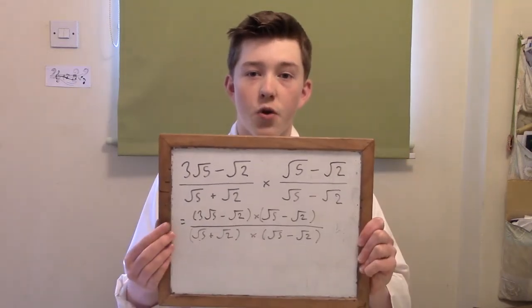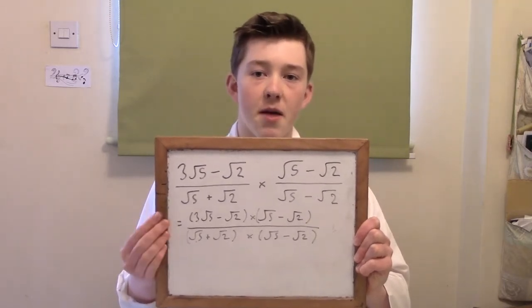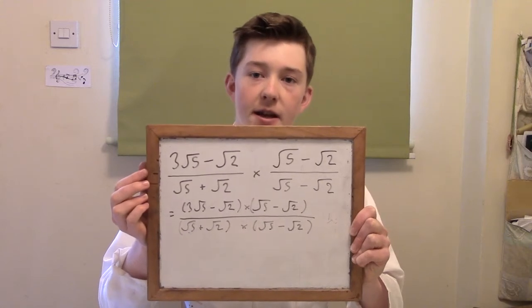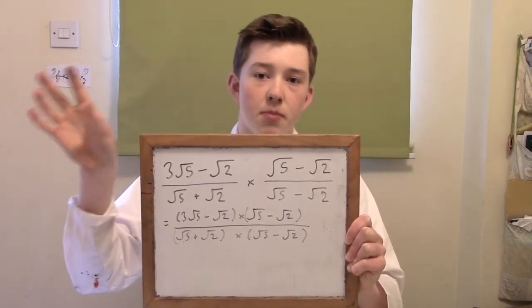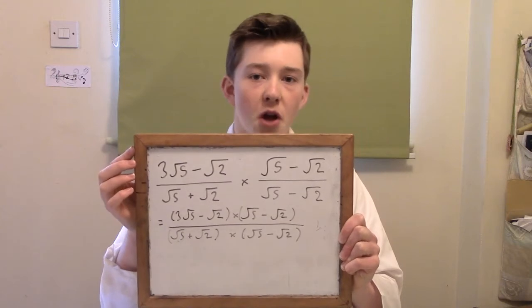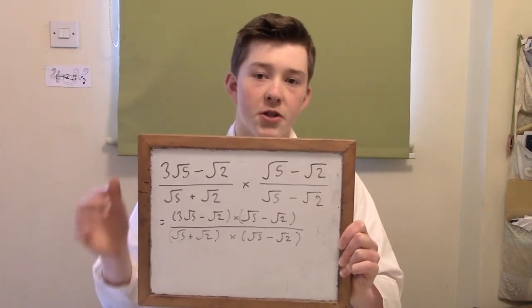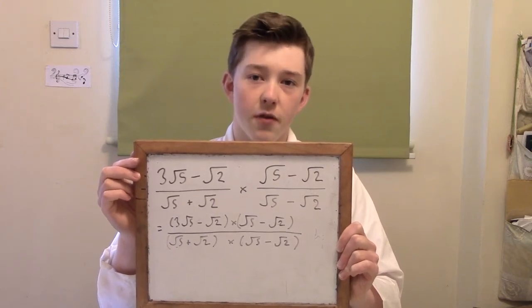The next line of the equation looks very complicated, but we'll take it a step at a time. The numerator of this new fraction we've created is a double bracket. So one bracket of a plus b multiplied by another bracket of a plus b. The denominator is also a double bracket in the same form, but we'll work through the numerator first.